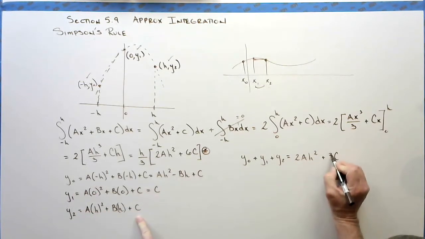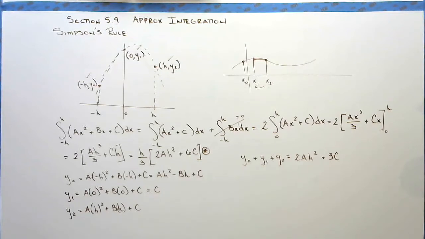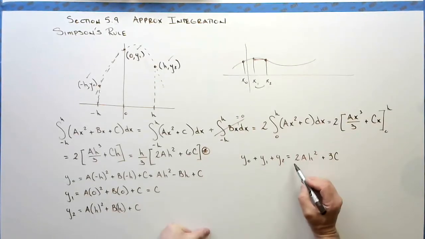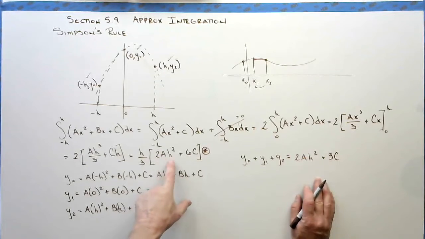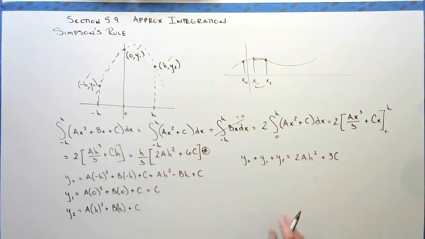I'm not very good at adding, apparently. I had 2 there, but we have 3. So if we look at this expression, and if we decide to do something really shocking, if we look at this part inside, 2ah squared plus 3c, here we have 2ah squared plus 6c.